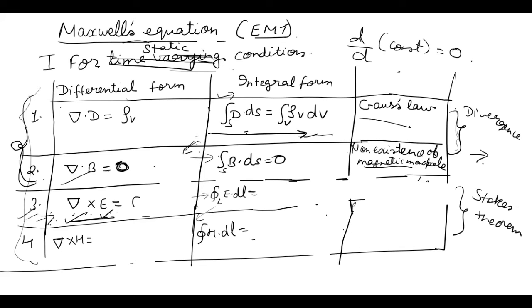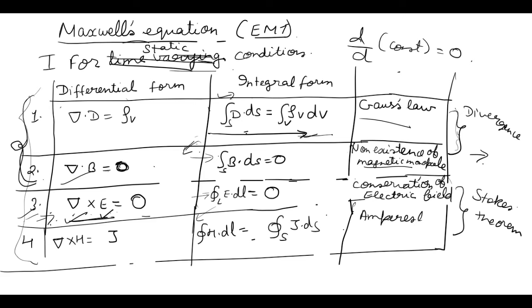So curl of electric field will be 0, and E dot dl would also be 0, and this is known as conservation of electric field, since magnetic field and electric field are constant or static. And here only J will be present, and so H dot dl would be equal to surface integral of J dS, which is current density, and this will be known as Ampere's law.